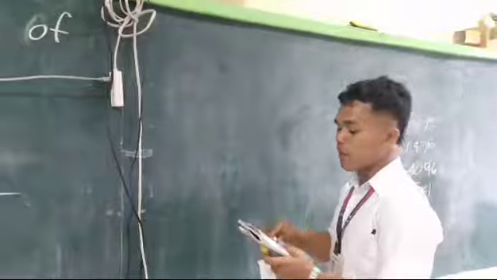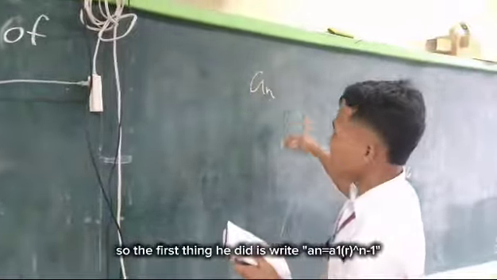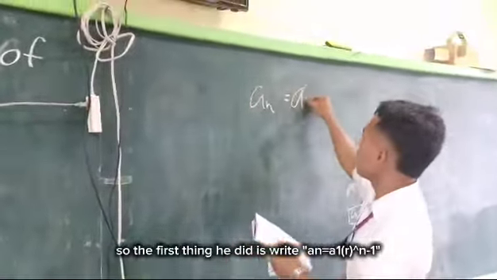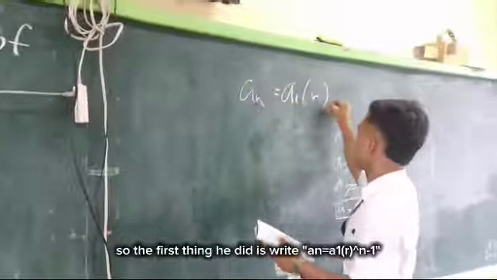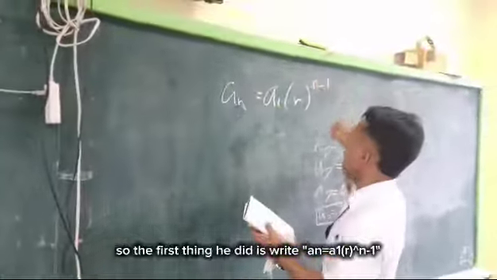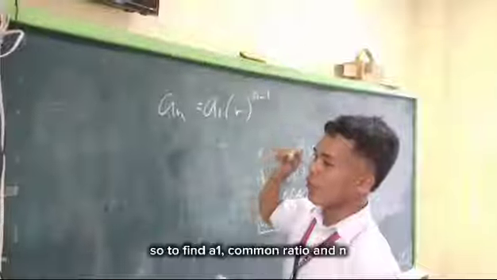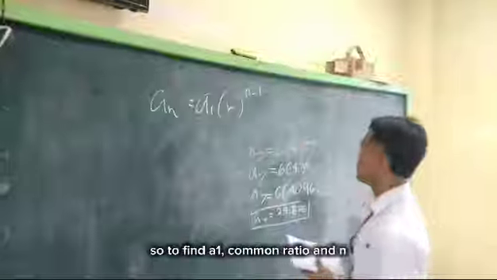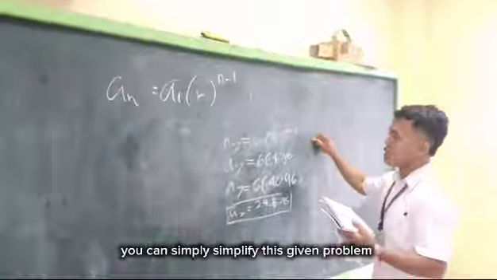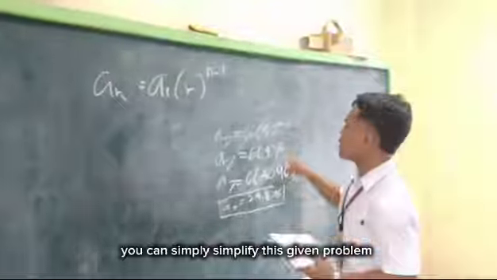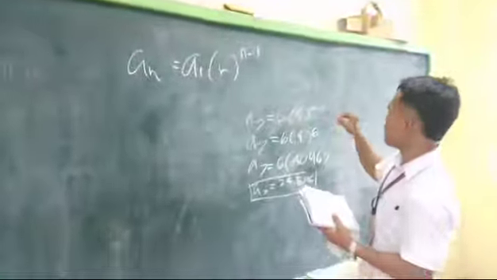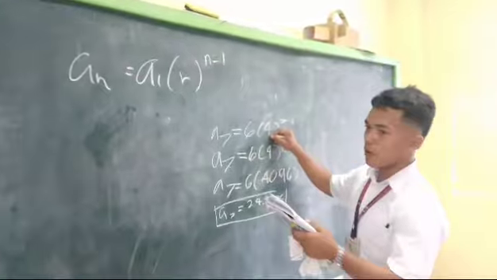So now, I will explain how my partner got 24,576. The formula we made is a sub n equals a sub 1 times the common ratio to the n minus 1. Find a sub 1, common ratio, and n. You can simply simplify this given problem. First, a sub 1 is 6 and the common ratio is 4.